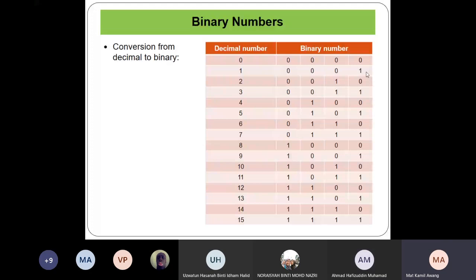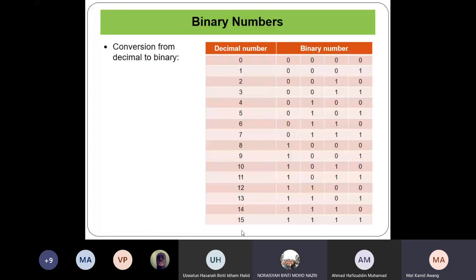Okay. So this is how you convert the decimal into binary. If you have up to 15, you need 4 bits to represent the decimal number 15. If it's 16, how many bits do you need?